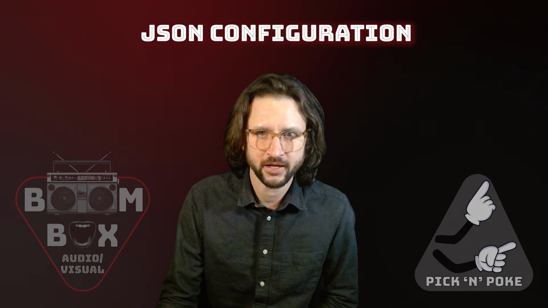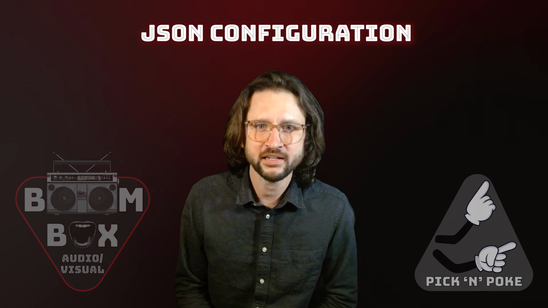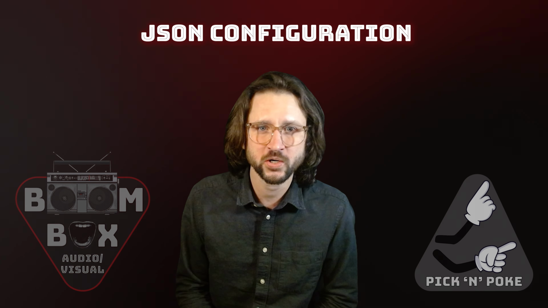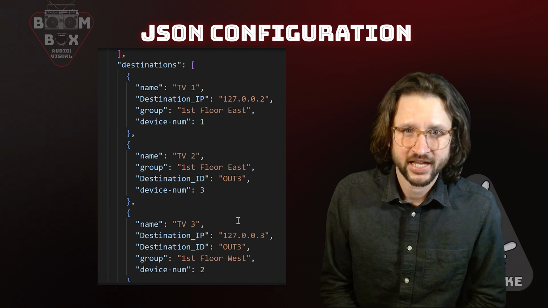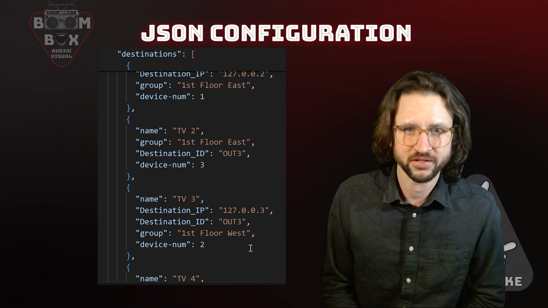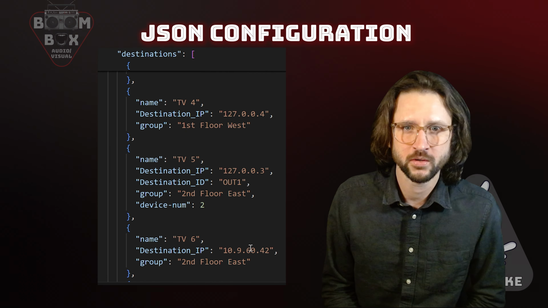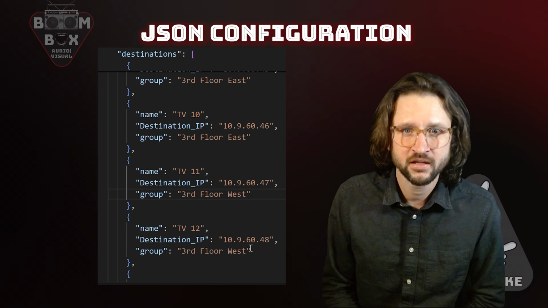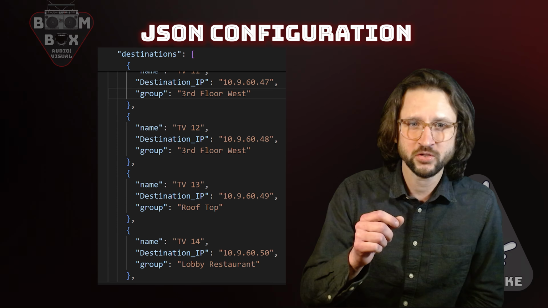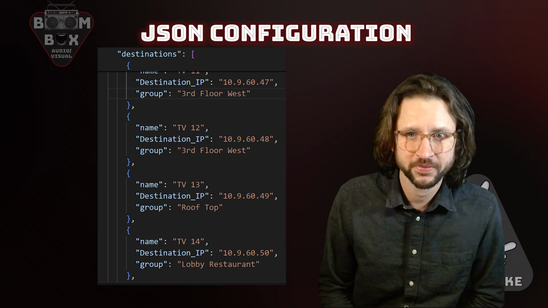Now that that's out of the way, I do want to show a quick demonstration of just how grouping can work in cases where you want a given source or destination to appear in multiple groups. As you can see here, I have an example venue with 3 floors, with displays on the east and west walls of each floor. All of these destinations only need to be defined once in the JSON.